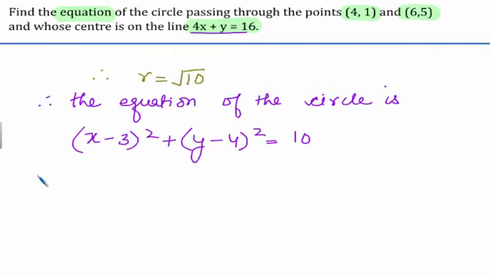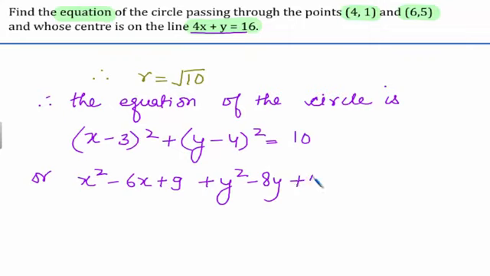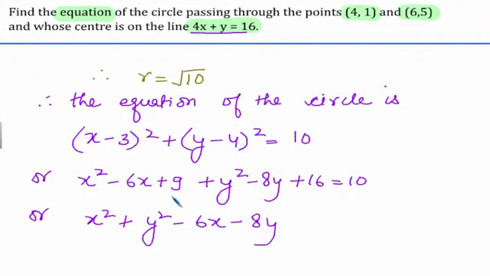So this can further be written as x square minus 6x plus 9 plus y square minus 8y plus 16 is equal to 10, or this can be written as x square plus y square minus 6x minus 8y, 9 plus 16 is 25.